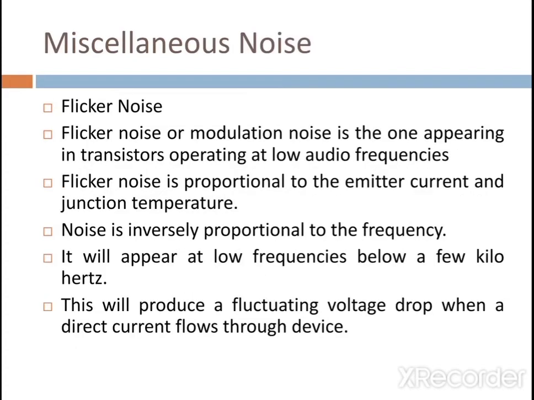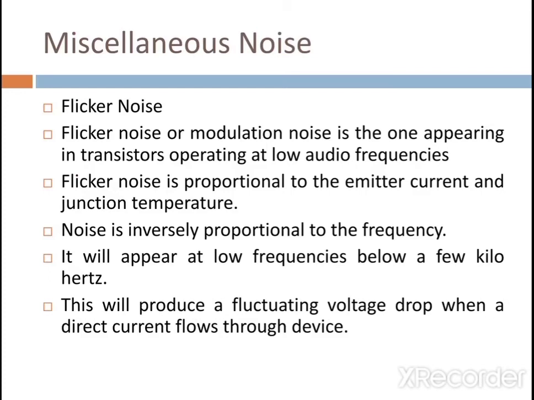Then miscellaneous noise. In miscellaneous noise, first is flicker noise. So what is flicker noise? Flicker noise, otherwise modulation noise, is one appearing in transistors operating at low audio frequencies. That means flicker noise is produced due to low audio frequency.